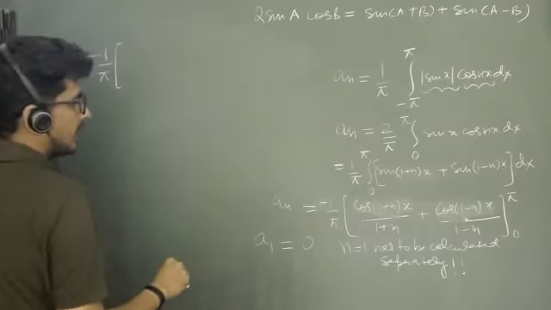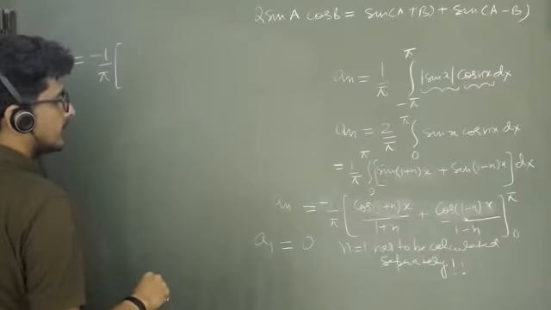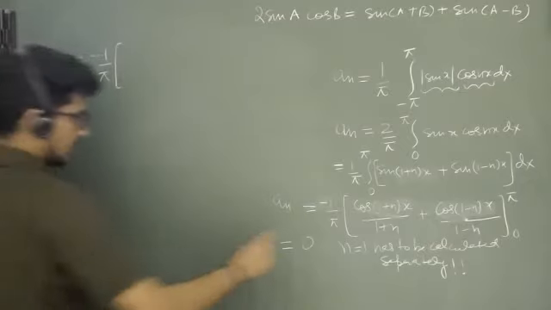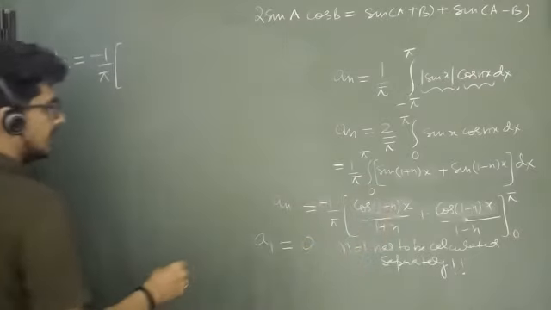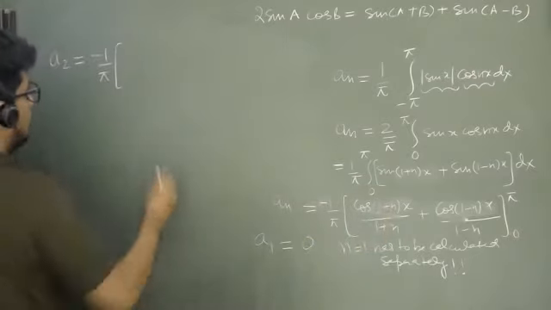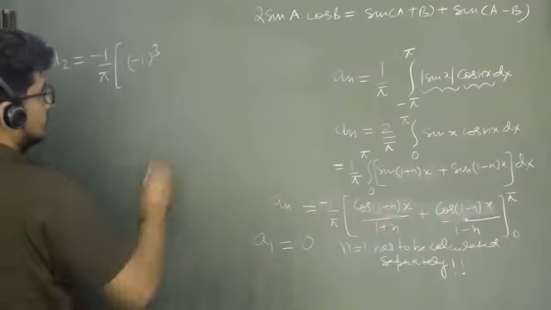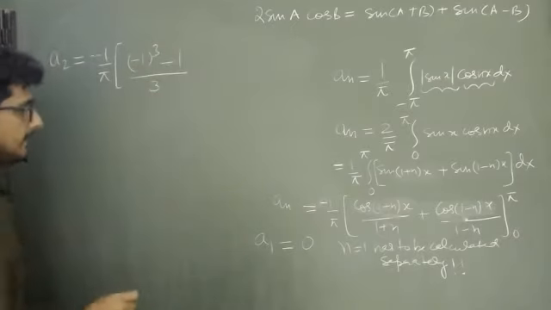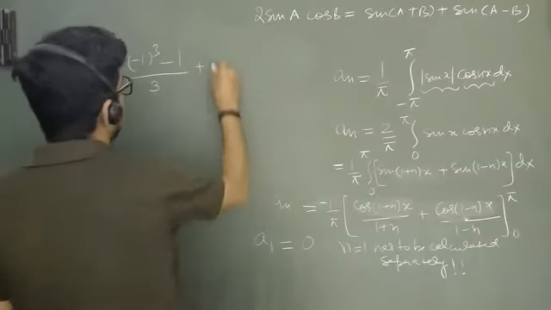So if I put upper limit for A2, it will become cos of 3 pi, so it will become minus 1 to the power 3, minus 1 over 3, and plus, what about there?